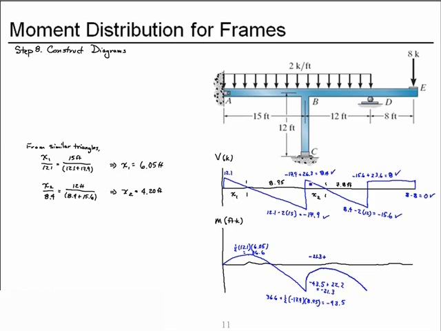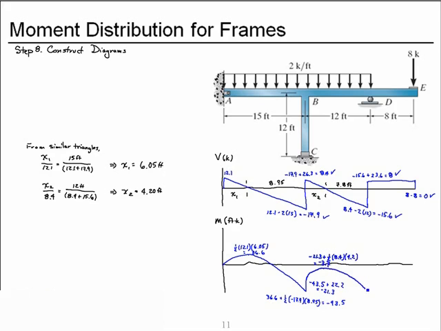Then we add the integral of this area of shear, which is 1/2 times the 8.4 times the distance 4.2 feet. And so this quantity is a minus 3.7 foot kips.